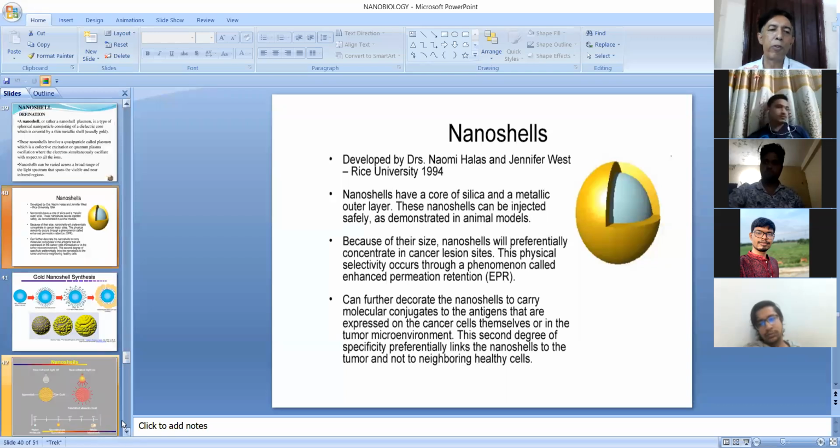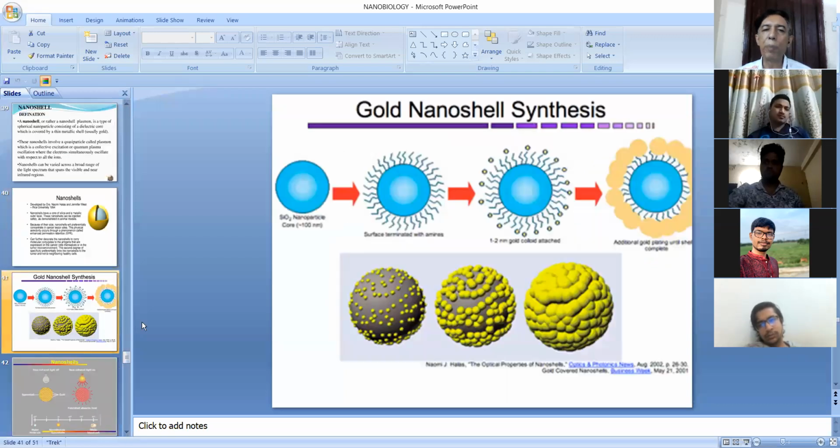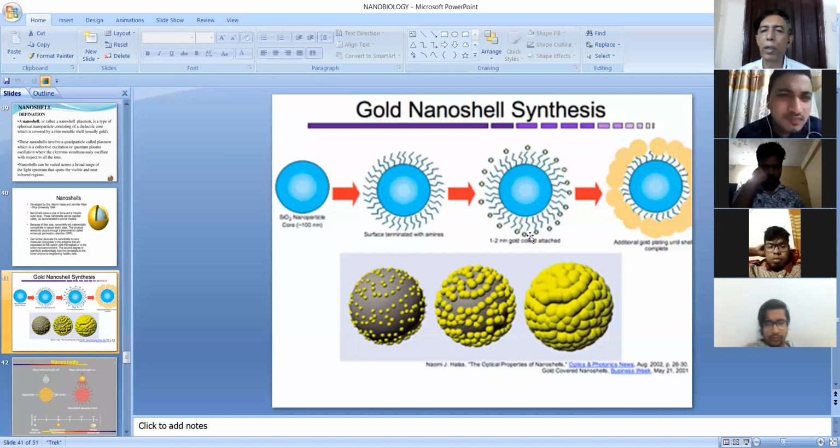How can you prepare this type of thing? You see, this is a silicon oxide nanoparticle. These are some amines, and you attach amines to the silicon oxide nanoparticle.